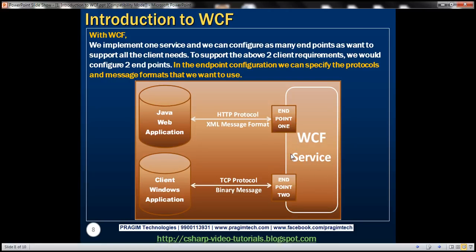Not only that, there are several endpoints that we can configure and several bindings as well. We'll discuss all this endpoint configuration and binding configuration in a later video session. But for now, you might have understood what WCF is and why we should be using it. With WCF, there's really no need to use .NET remoting or web services or enterprise services or MSMQ. We can achieve all of those using WCF and simply configuring endpoints.